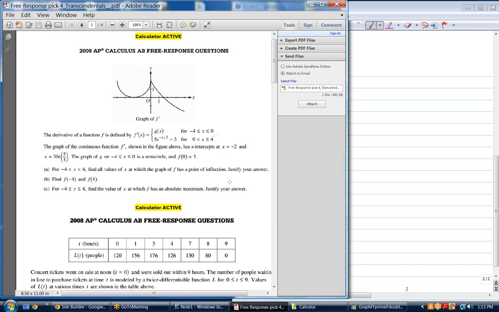Okay. All right. F of minus 4 and F of 4. Wow. So the thing we have to figure out is what the original function looks like.